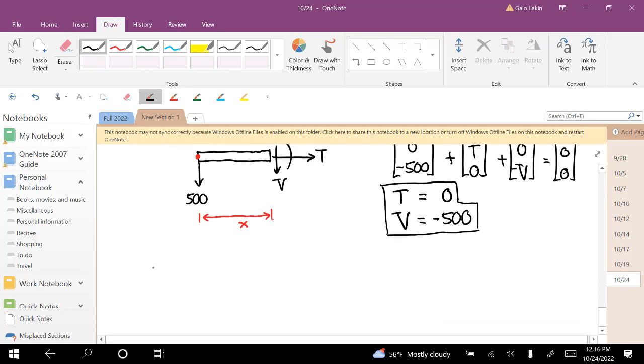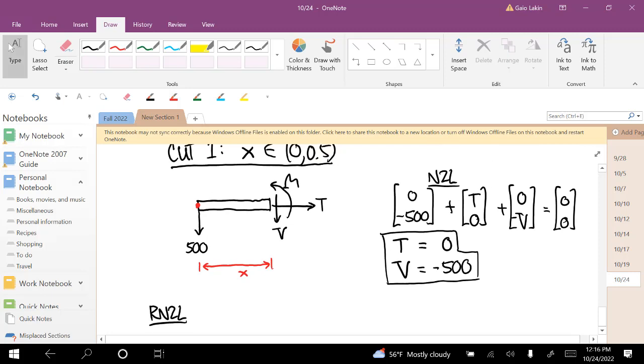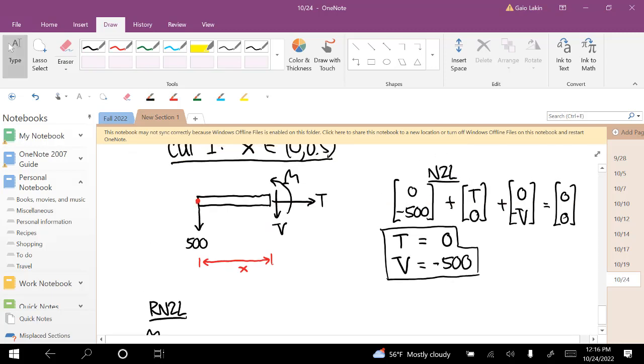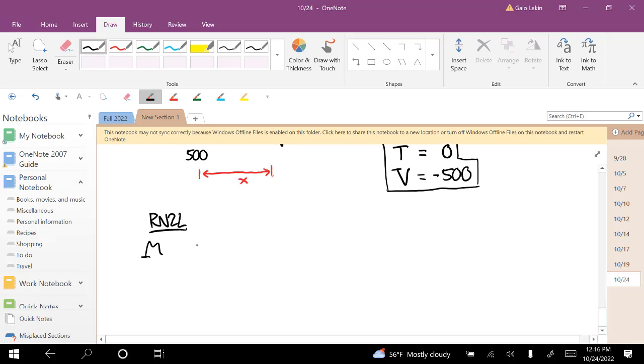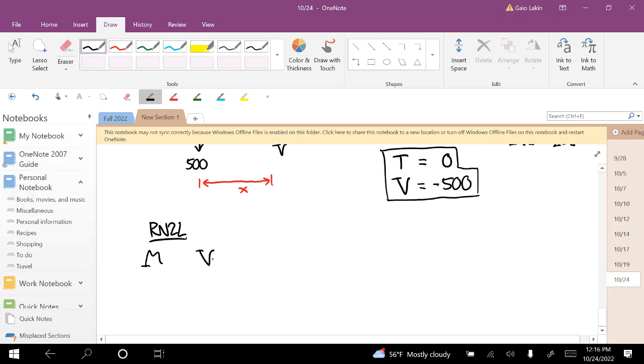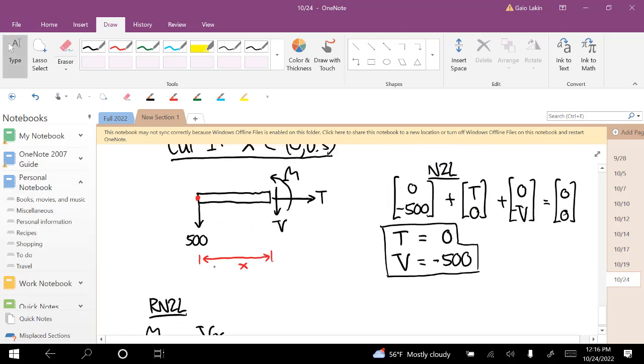And now the moment equation. The 500 doesn't produce a moment around that about point because it's through the about point. But we have to add on the couple, M. And then V is going to produce a moment, and its moment arm is x. So we're going to have a Vx. And now we have to think about, would that make it rotate clockwise or counterclockwise around that about point?